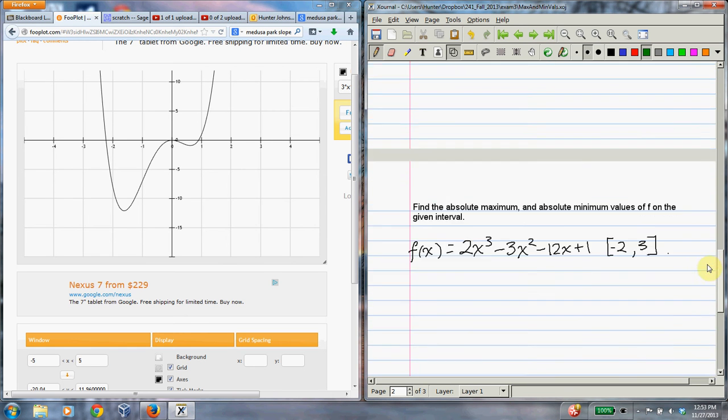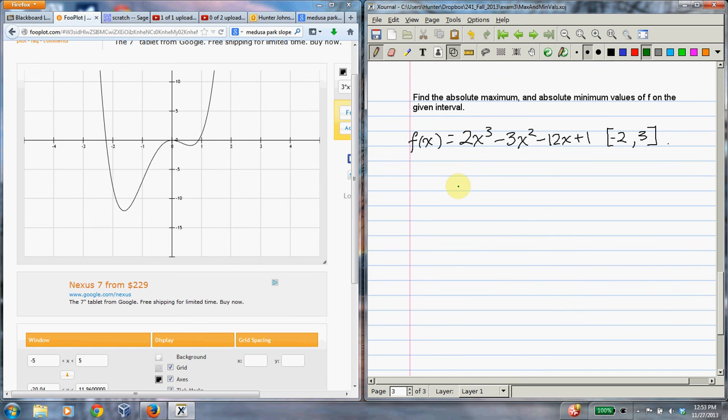Okay. So now find the absolute maximum and absolute minimum values of f on the given interval. So now we're using the closed interval method. The way this basically works is that critical numbers together with endpoints give all candidate locations for absolute max and absolute min.